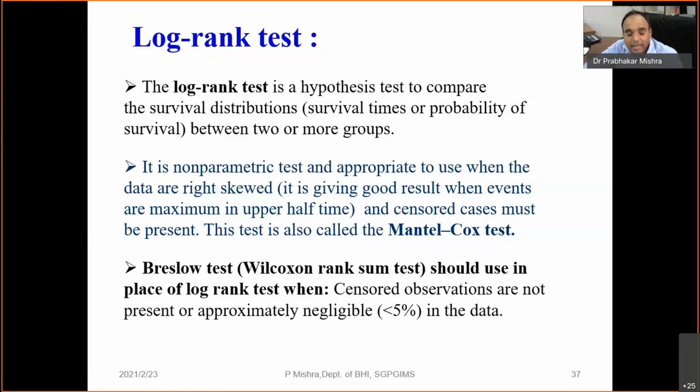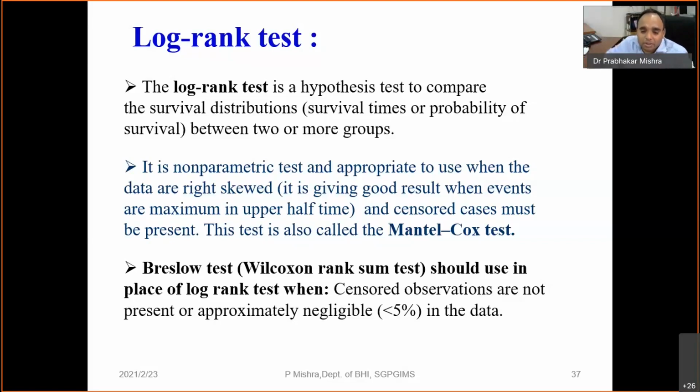An event like death is an event, so all other situations, lost to follow-up or survival, everything is called censored. So for any data set, if censored cases are less than 5%, the log-rank test is not giving a proper p-value, so in that situation we need to use the Breslow test.